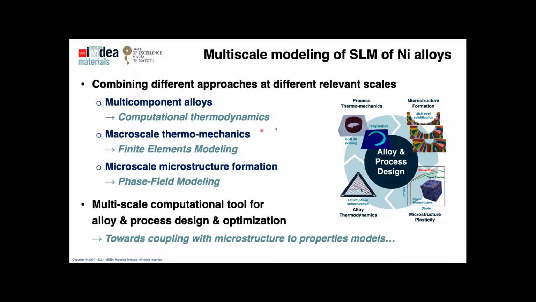We will combine macro scale thermomechanics using our finite element codes, something fairly similar to what you've done before, and we'll use phase field modeling at the micro scale to see the development within the melt pool. Later, when we have that all bundled up and validated with experiments, we'll throw that at our colleague Javier Segurado, who can do microstructure, crystal plasticity simulation that calibrates very well with the experiments in terms of mechanical properties.